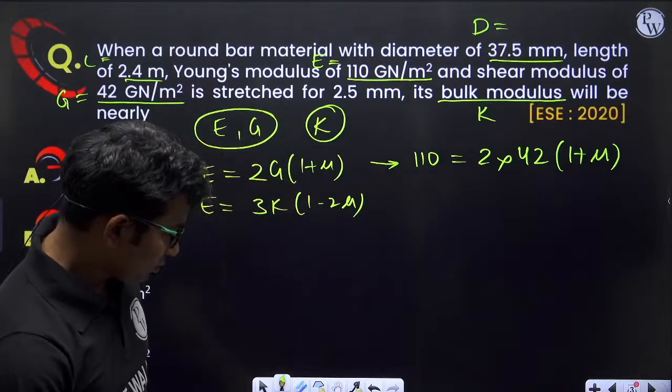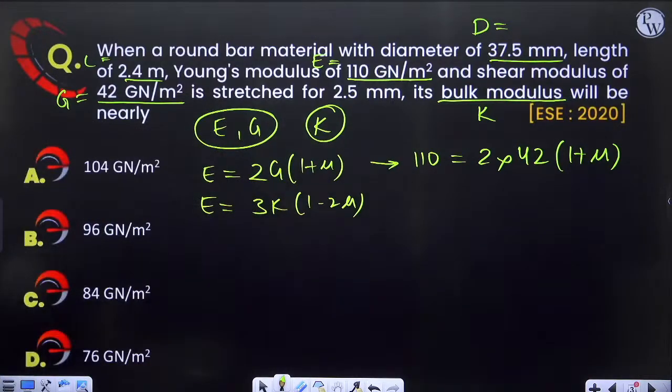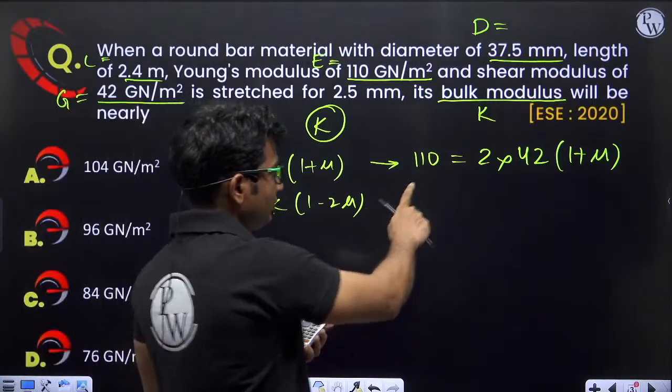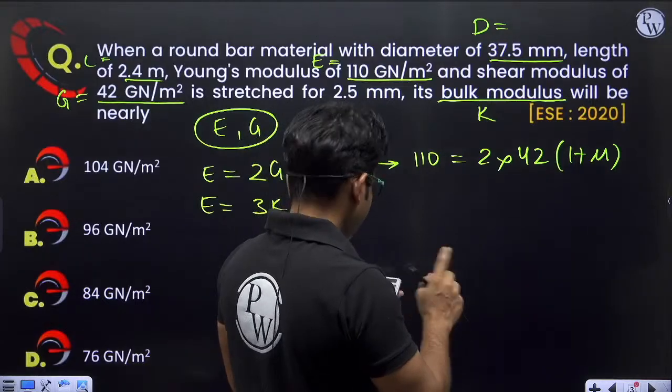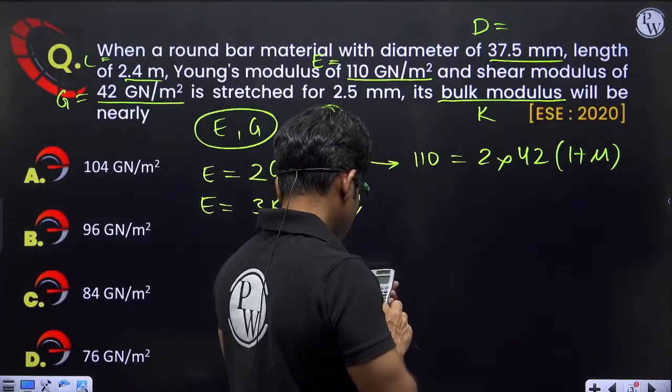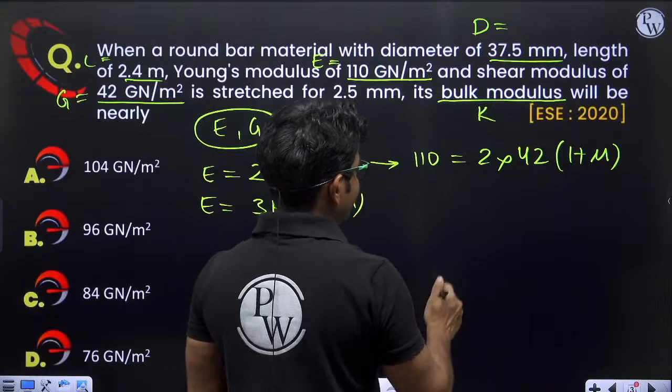So mu will be equal to 110 by (2 into 42), minus 1. So mu is 0.19.